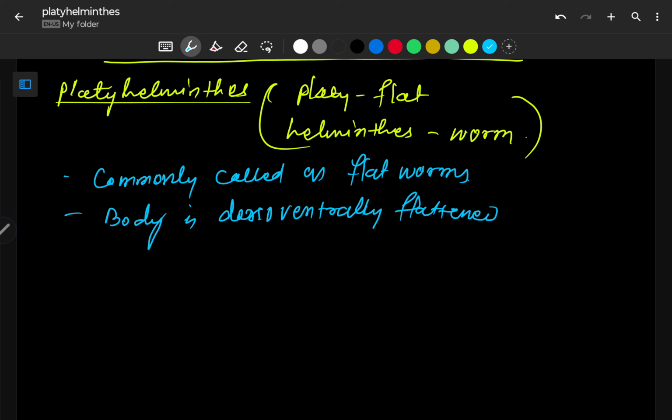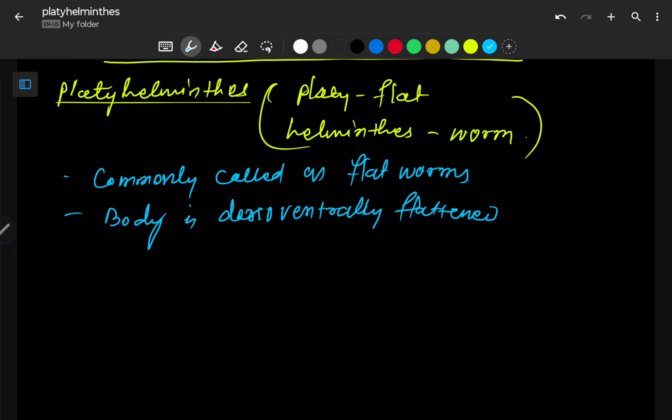What is dorsoventrally flattened? Let us first understand what is dorsal side and ventral side. Look at your body. The part of the body having the back side is known as dorsal side, and the front side of the body is known as ventral side.